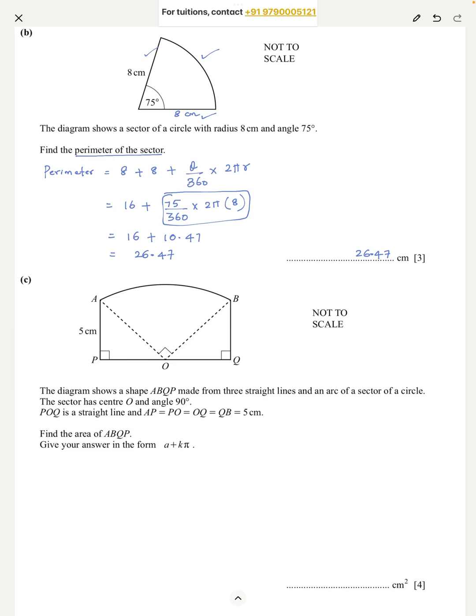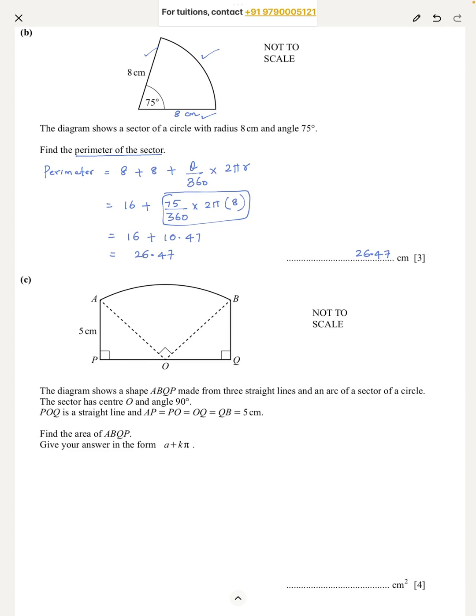Subdivision C of question number 7. There is a diagram given, and some parts of it are labeled with measurements. The diagram shows a shape ABQP made from 3 straight lines and an arc of a sector of a circle.